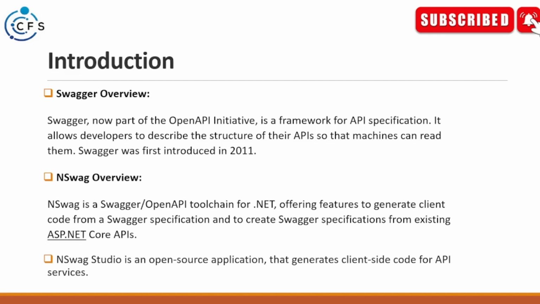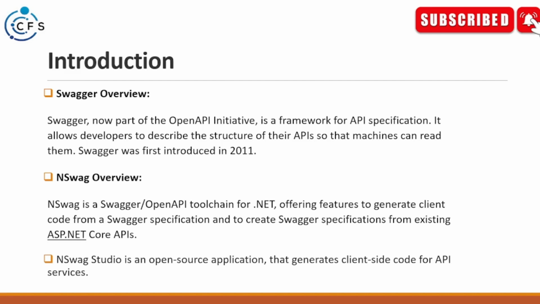Because in API development, an API has its own URIs and its own contract, but the consuming application, whether it is a UI or some other API, as in the case of microservices, needs to write the client-side code to consume it, for different serialization methods and different HTTP client methods.